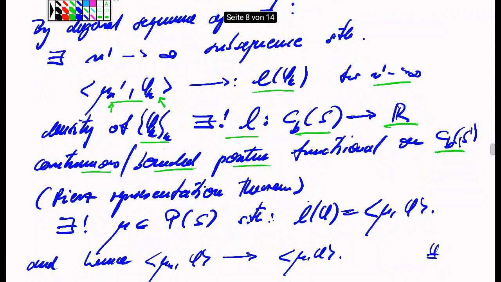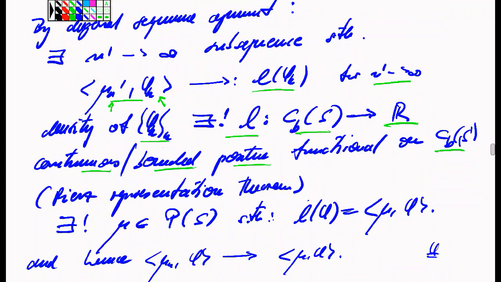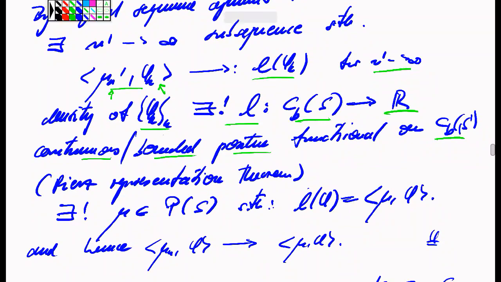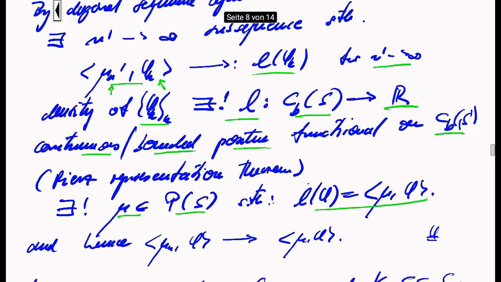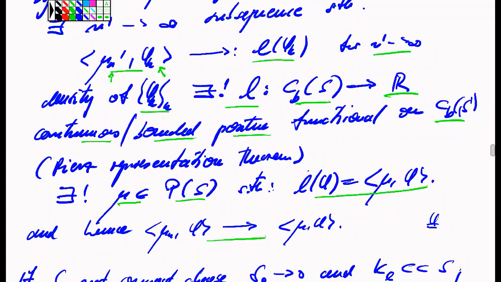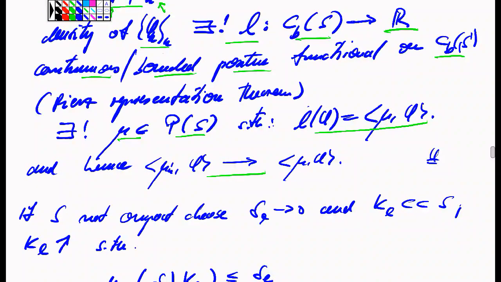And now we invoke the Riesz representation theorem, which tells us that this continuous bounded positive functional is represented through an integration against a uniquely determined probability measure, in this case a probability measure on the set S. And it's therefore, in this case, just a tautology to say that the mu n prime integration of phi will converge to mu of phi. That is now an immediate consequence.